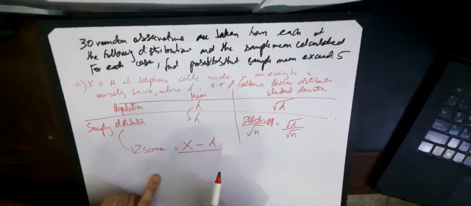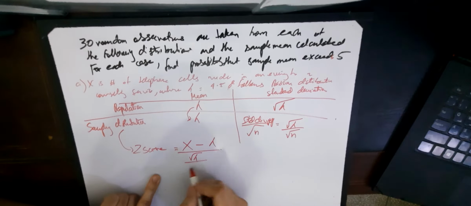So x minus lambda divided by your standard deviation or standard error, which will be square root lambda over under root n.